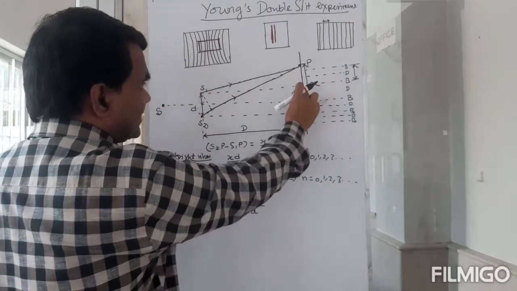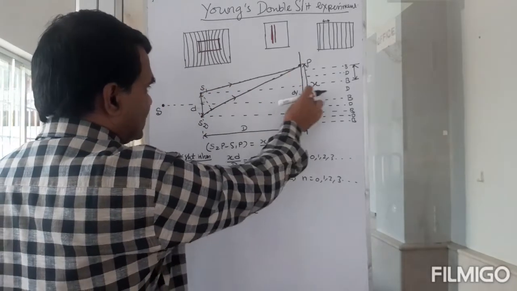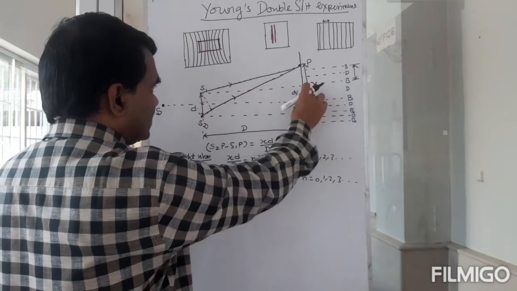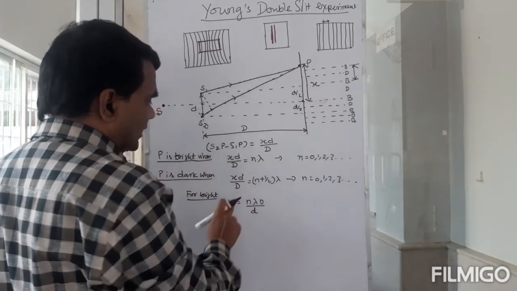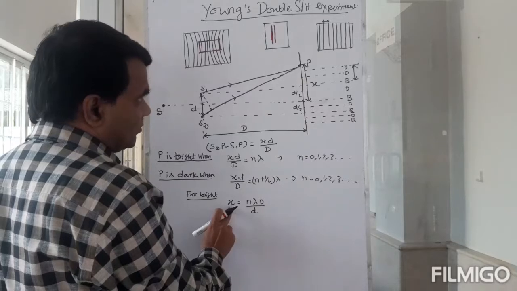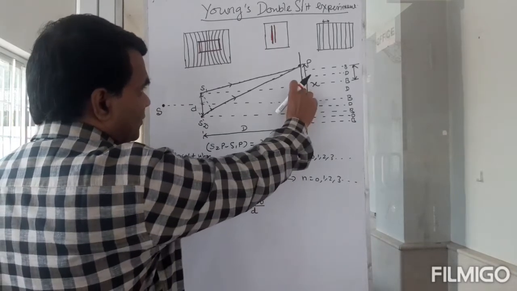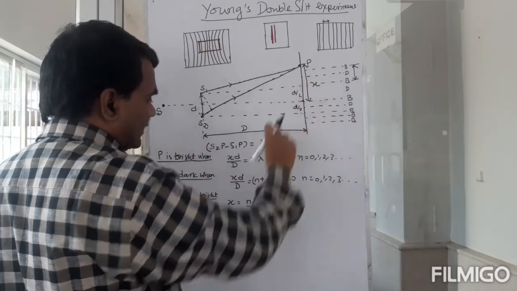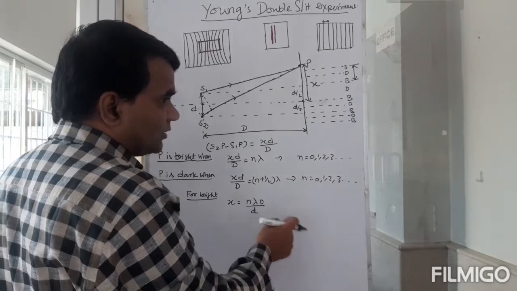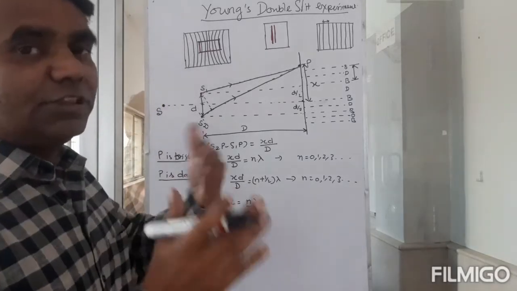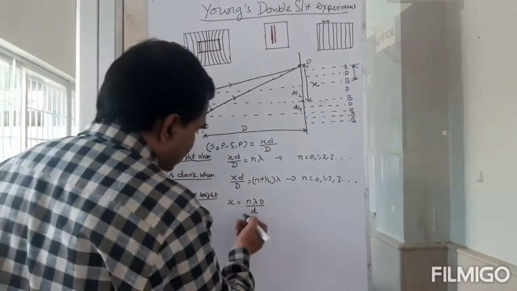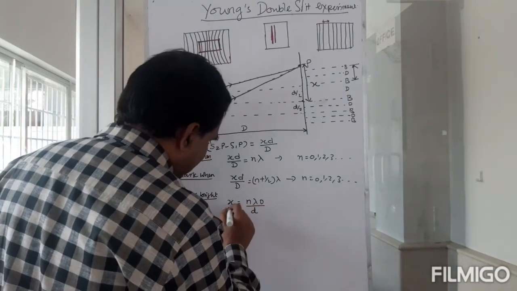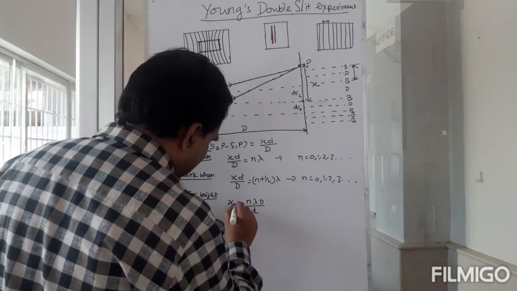What is x? x is the distance between the central axis and the point. If the point is on the central axis itself, then you will get a bright spot. In that case, x will be 0. If the point is away from the central axis, then n can change. And if you want to find the first one, then you can say this is x1.